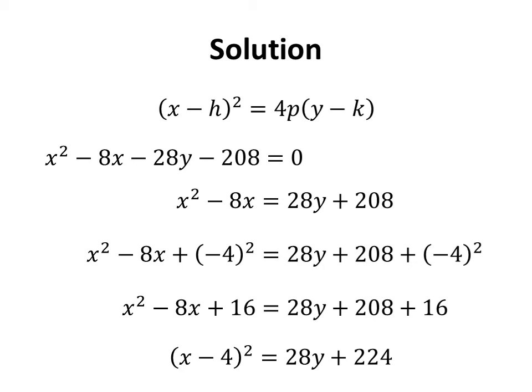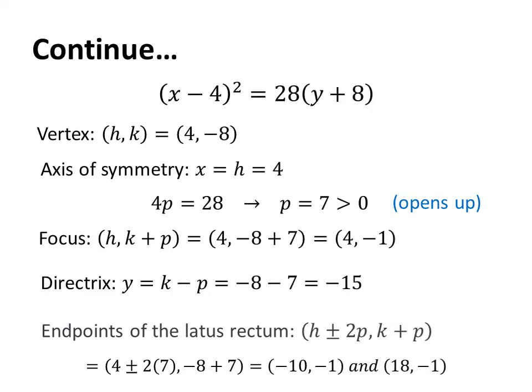Isolate the terms that contain the variable x in order to complete the square. After completing the square, simplify the equation and we will get the standard form (x minus 4) squared equals 28 times (y plus 8).